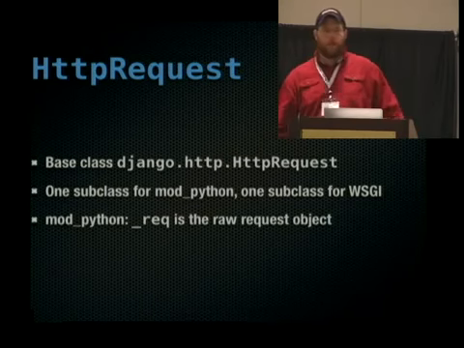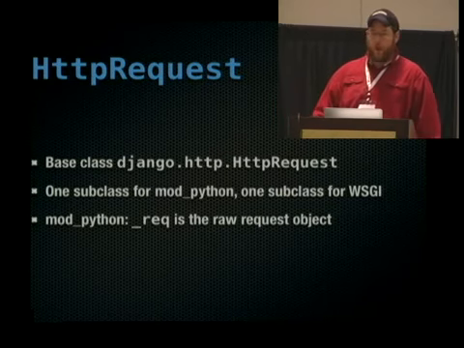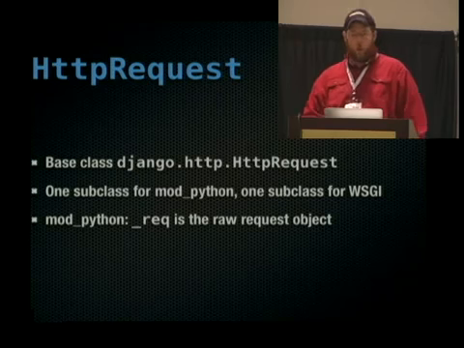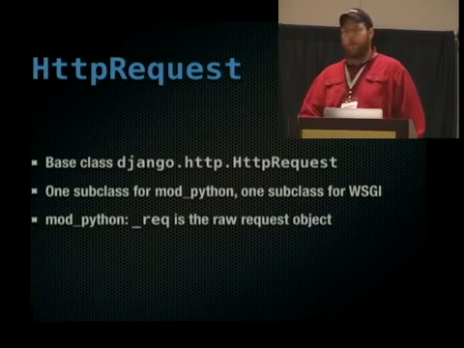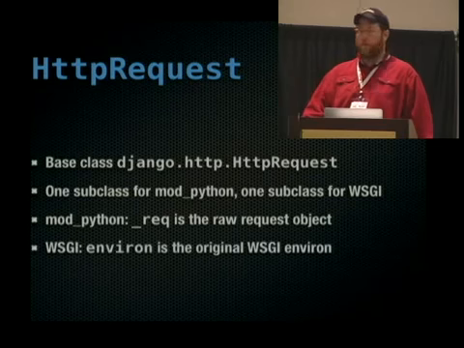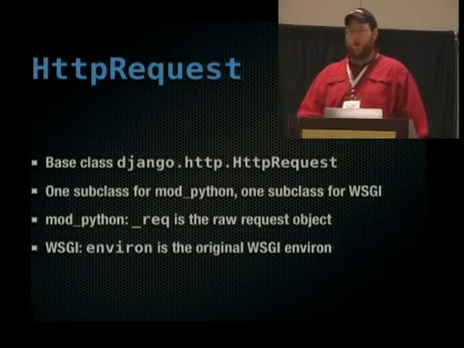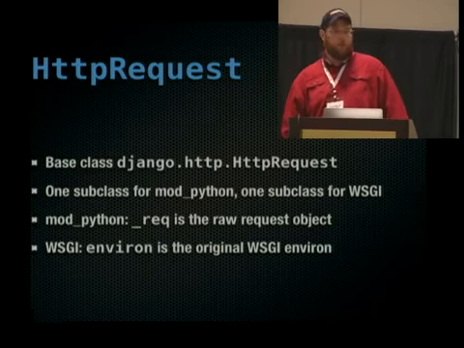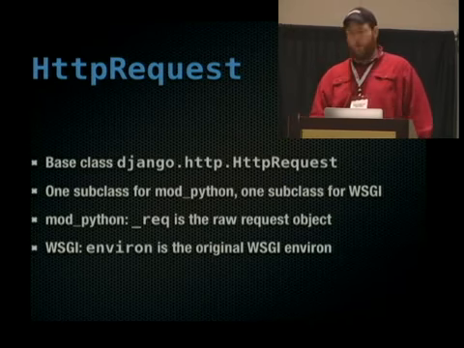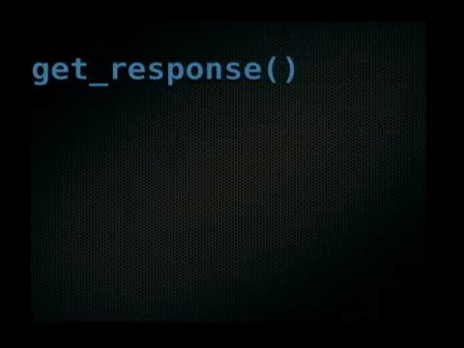If you're using ModPython for some reason, and if you are, please stop, there is an attribute on the request object called _req with an underscore in front of it. That's the raw ModPython request object. If you are using WSGI, as you should be, and if you're not, start using it, there's an attribute called environ, which is the WSGI environment in which Django is invoked. So if you ever need to access that low-level stuff, it's in there.